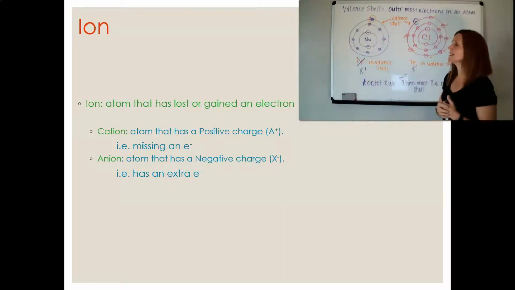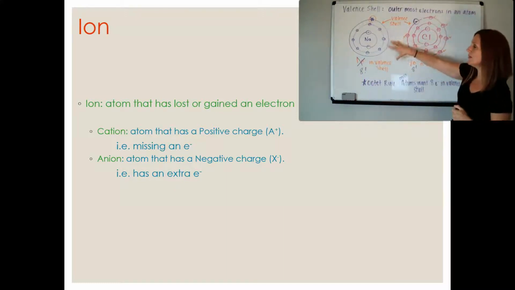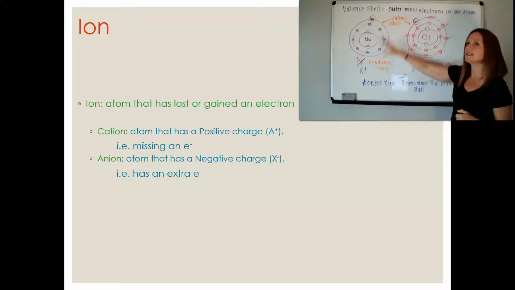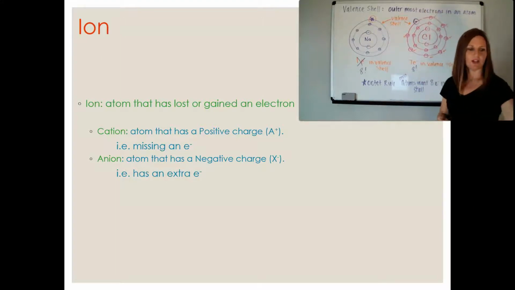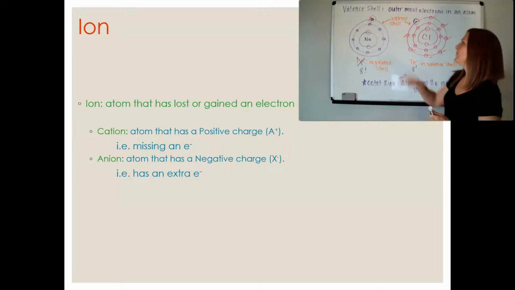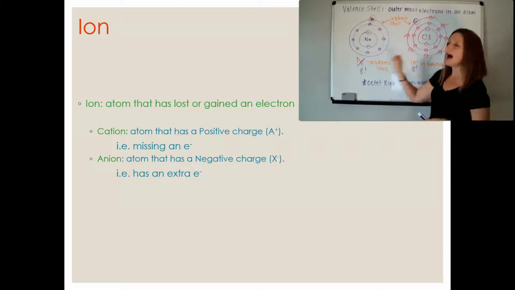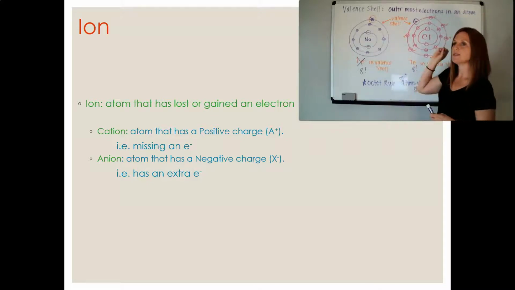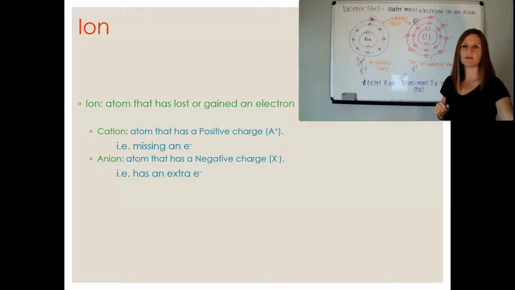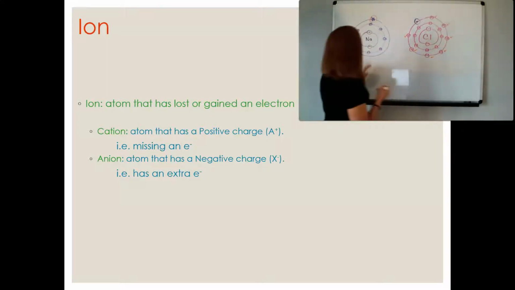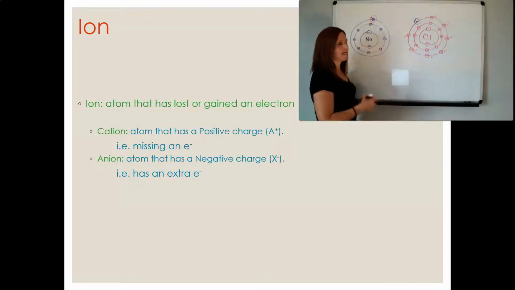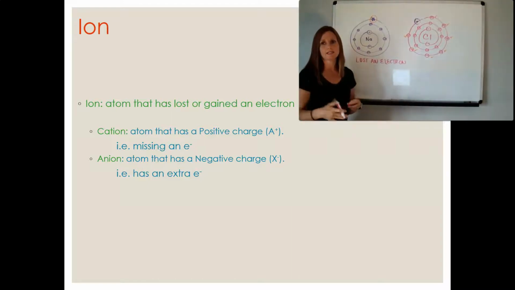So if we look back at our example of sodium, sodium lost an electron. So is it a cation or an anion? Well, if it loses an electron, it becomes positive, it becomes a cation. So let's go through those ideas. Sodium lost an electron.